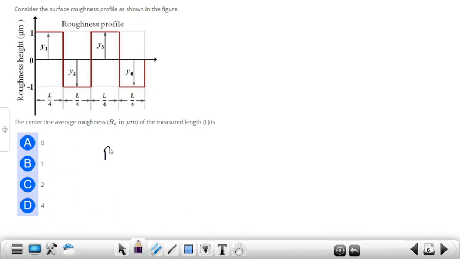So the average roughness Ra we know is the summation of i equal to 1 to N of y divided by the number of values. So this is 1, this is 1, this is 1, this is 1. So total is 4 and the number of cycles is 1, 2, 3, 4. So 4 divided by 4 is equal to 1. Option B is the correct answer.